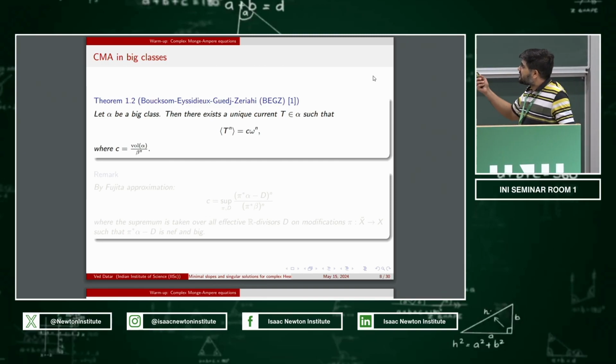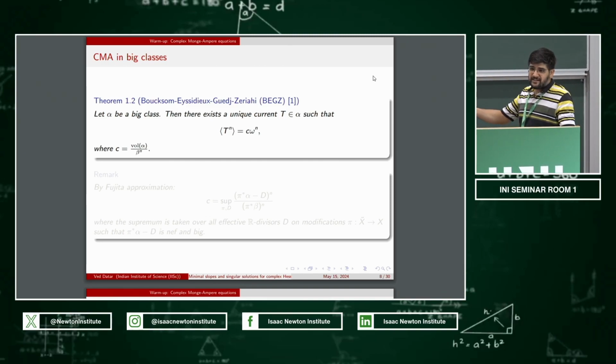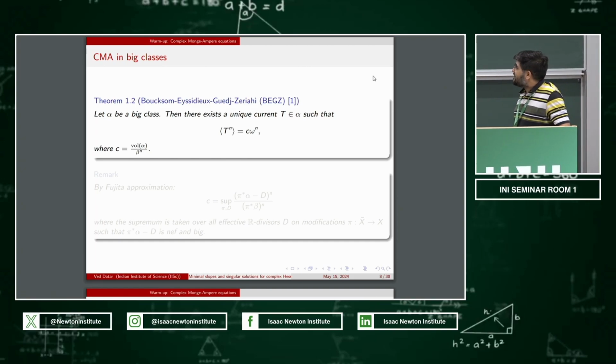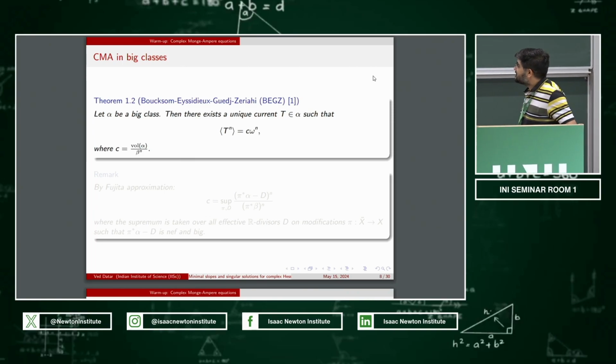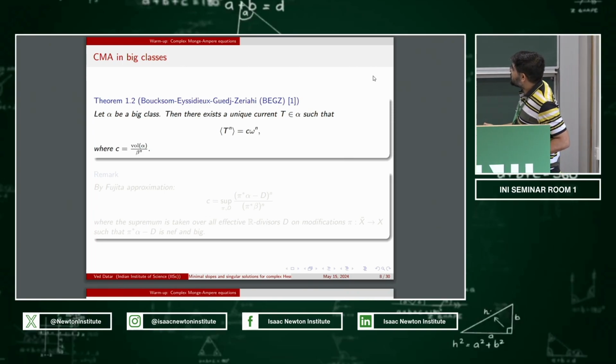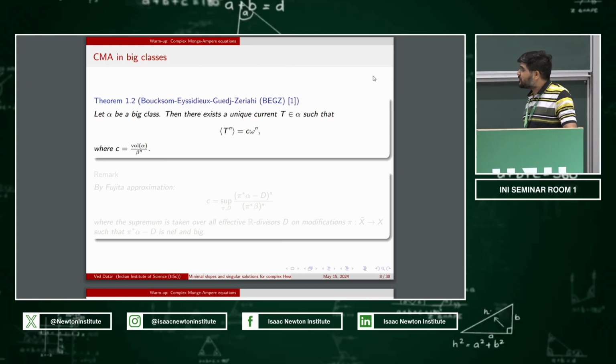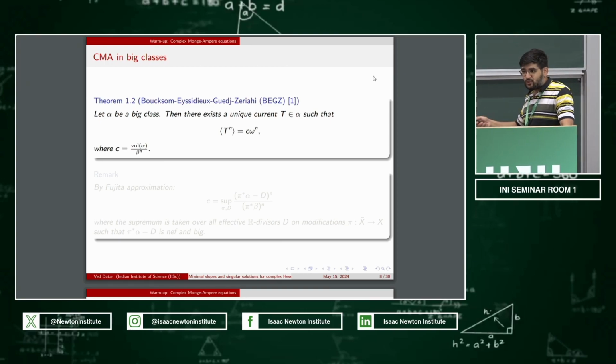In their theorem, you can replace omega to the n by any measure that does not charge pluripolar sets, but I've stated it in this form because it goes well with the theme of the talk. And then of course, this constant C is precisely the volume of alpha divided by the integral of beta to the n. So it's a ratio of two invariants.